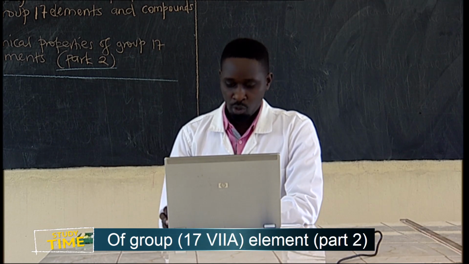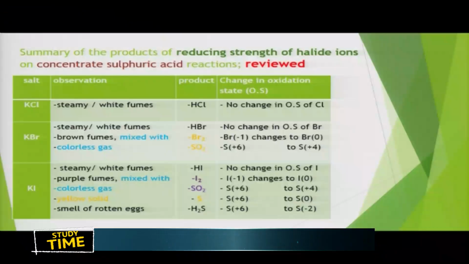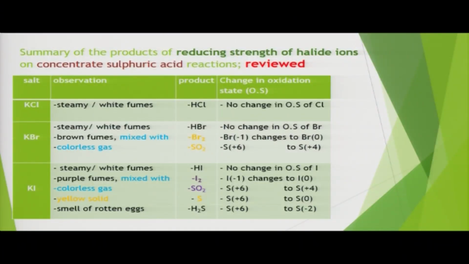So, a quick recap on what we looked at in the previous lesson. We looked at oxidizing ability and the reducing powers of group 7 atoms and halides respectively, whereby when halogen atoms gain an electron, they are exhibiting oxidizing power.